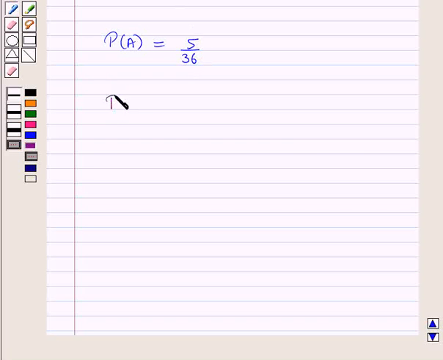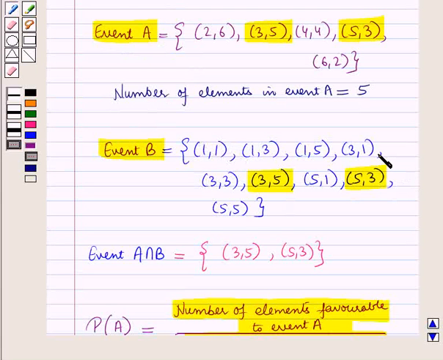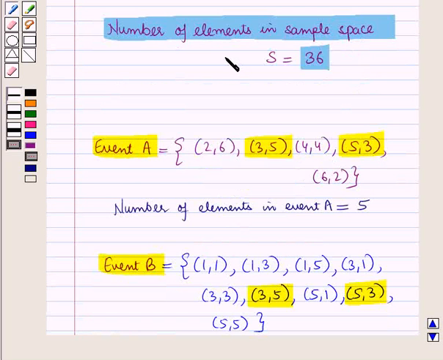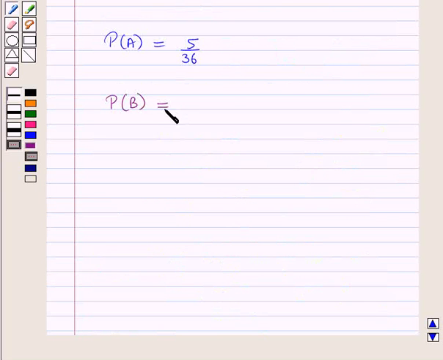Now let us find probability of event B, and this is equal to number of elements favorable to event B, which is 9, upon total number of elements in sample space S, which is 36. So probability of event B is equal to 9 upon 36, and this is equal to 1 upon 4.